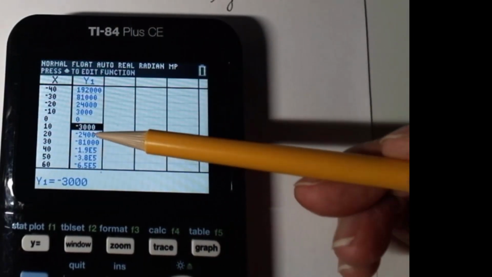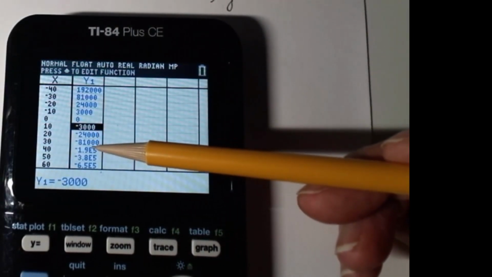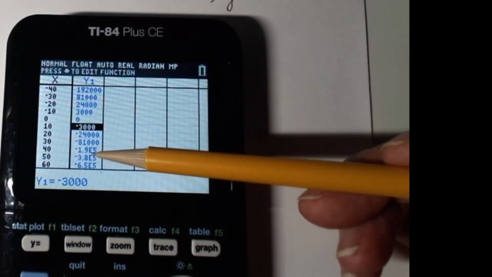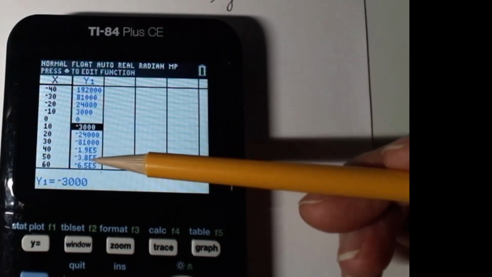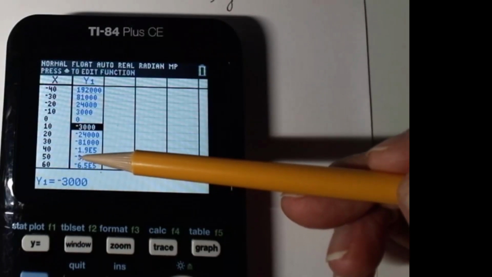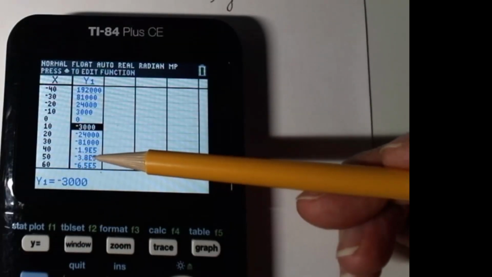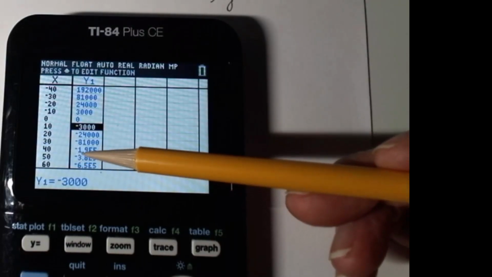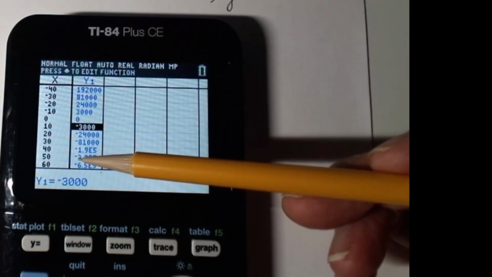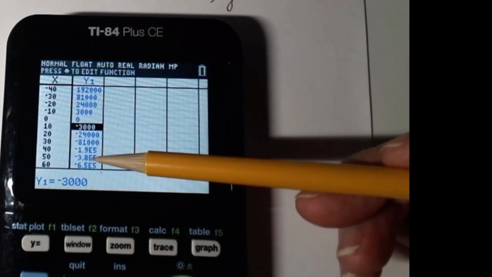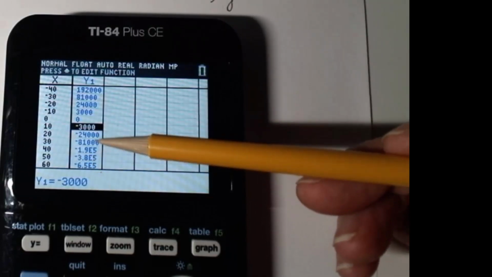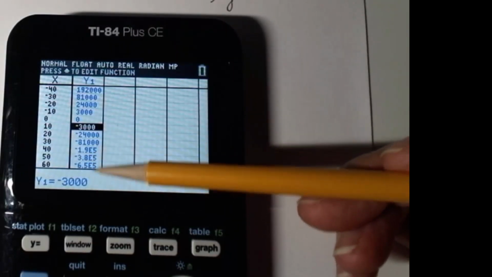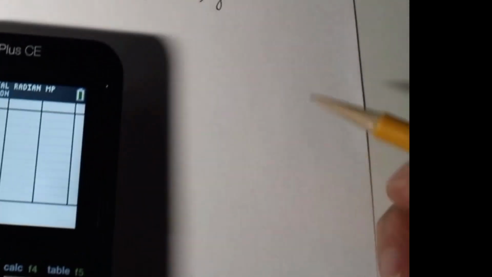Well, y started at negative 3,000, then goes to negative 24,000, then goes to negative 81,000, and now this is our scientific notation here where we have negative 1.9 times 10 to the 5th. So that's going to be like negative 190,000. So definitely our y values are decreasing.